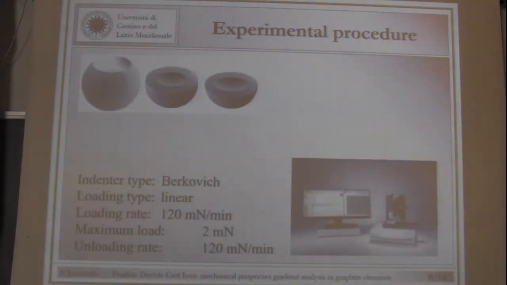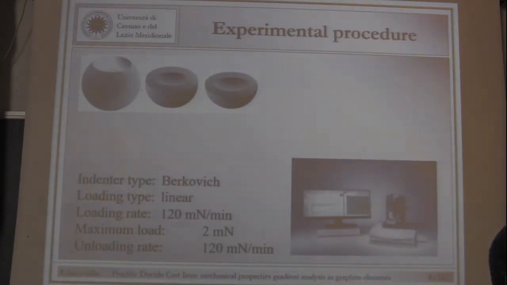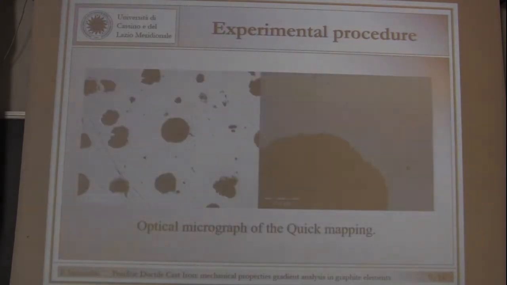In this case, we used a traditional nano-indenter test by using a Berkovich indenter. This is the condition used in our test, loading type linear. This is the loading rate, maximum load. The unloading rate is the same. And we used a sort of matrix of indentations.